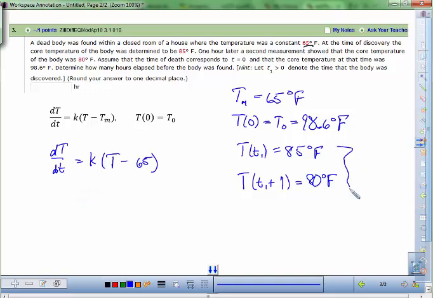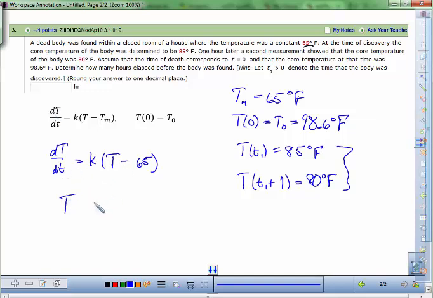So these two pieces of information, by the way, the two different temperature times, that's not 0, that's not the initial. These two temperature times will help us determine our K constant. So before we do that, we need to find our original function. So let's do the differential equation.